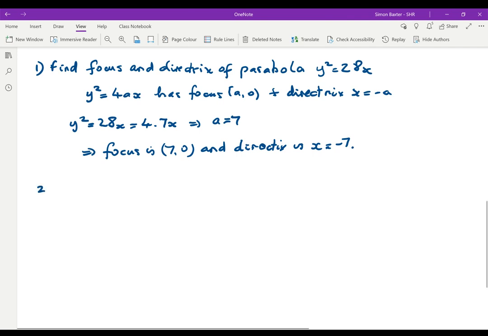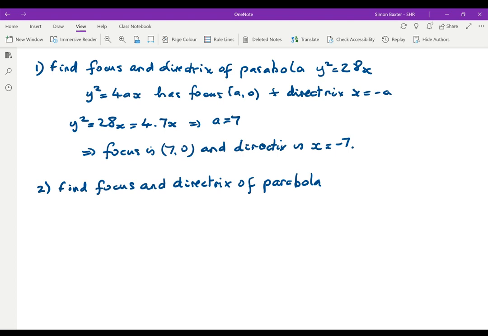Okay, second very simple example. Find the focus and directrix of the parabola x equals 9t squared, y equals 18t.